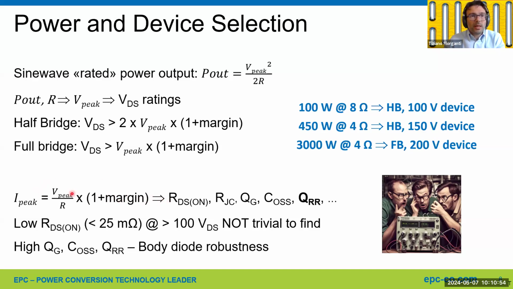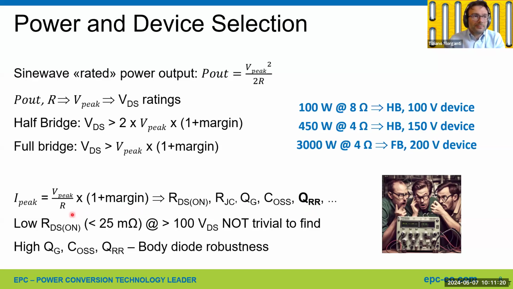This peak current then drives the selection of the power device in terms of RDS on and of course the thermal resistance and the thermal design. And this comes with parasitics: gate charge, output charge, and reverse recovery charge.